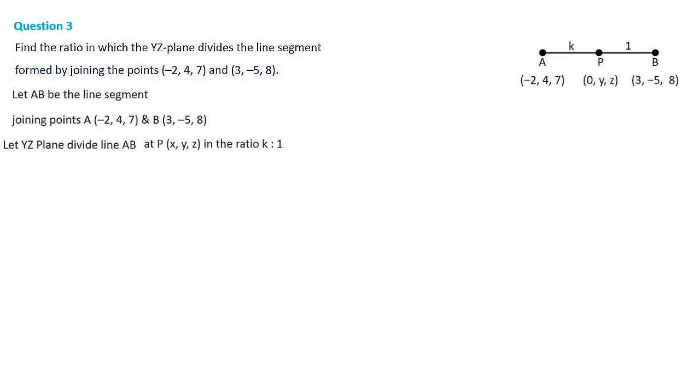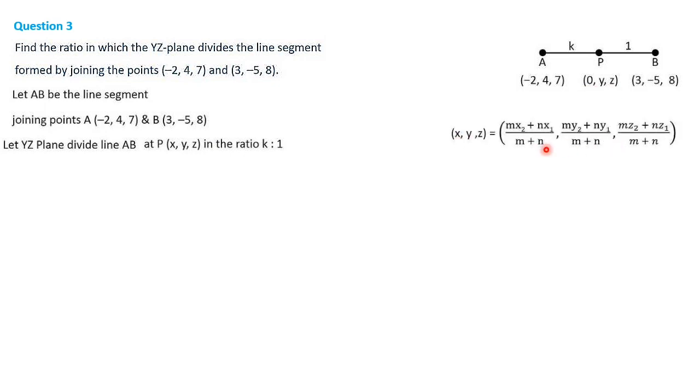The rest of the things are the same. A we know, B we know, and the ratio is k:1. The difference is that we have to assume this coordinate correctly. In the previous case we could directly take x, y, z, but here since it is on the YZ plane, we have to write the coordinates correctly.